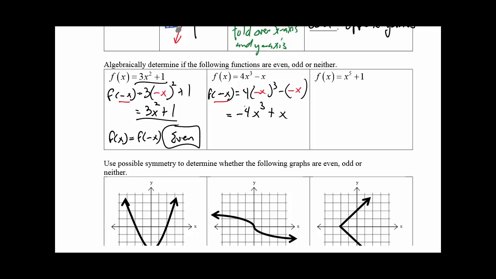Now, compare that to the original. How do those two look? Well, they look like exact opposites of each other, actually. We went from positive 4x cubed to negative 4x cubed, and from negative x to positive x. So what we've shown is that f of negative x is the exact opposite of f of x, which means that it is an odd function.